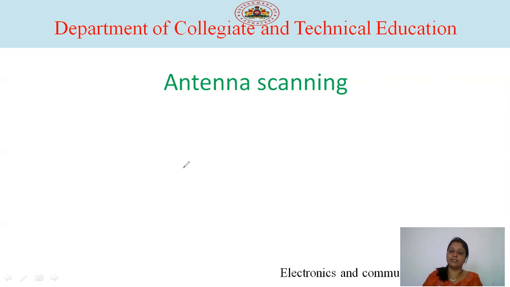Therefore, in the case of search radars, search radar means finding the target in the given space, because we won't know whether the target is there or not. Suppose this is the radar station. It has the antenna section here, and from here the signals are radiating.